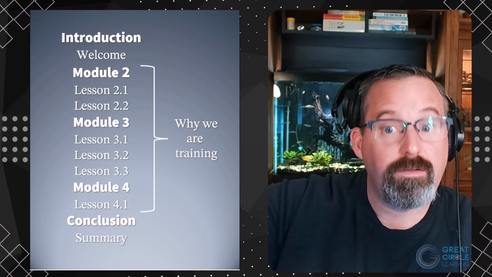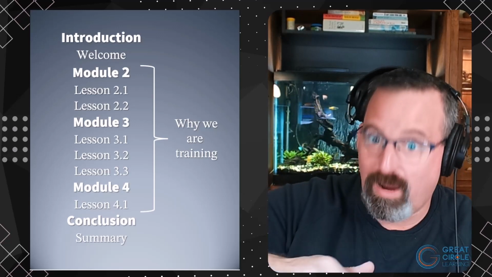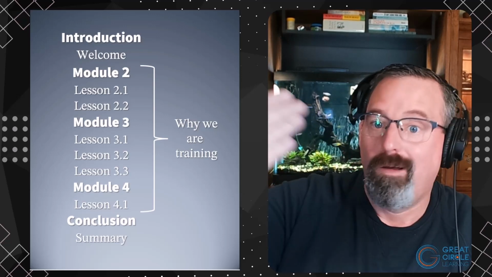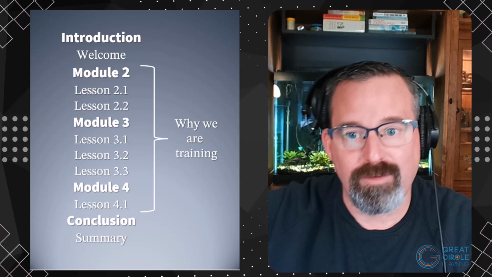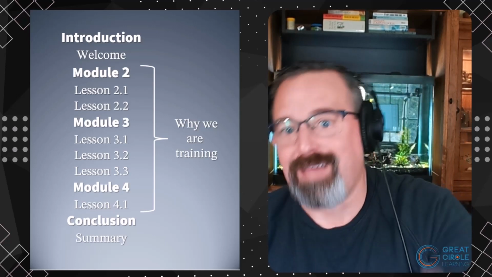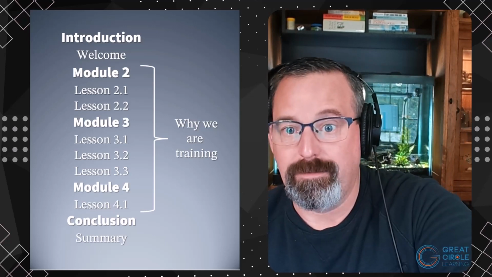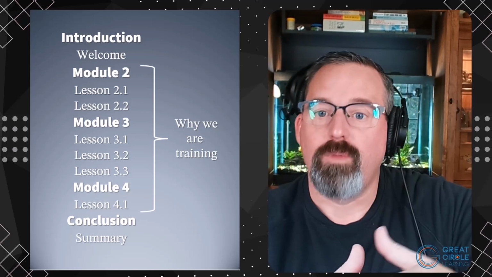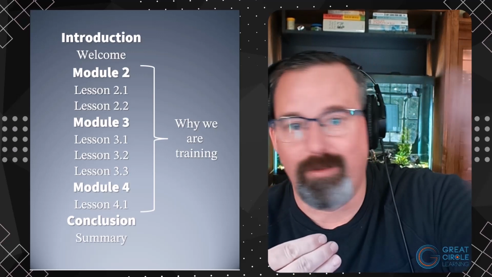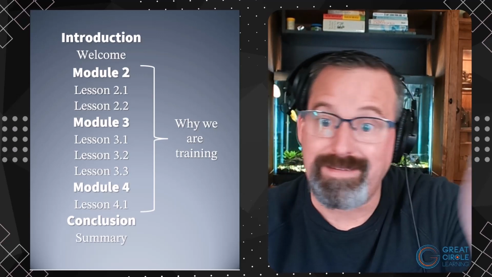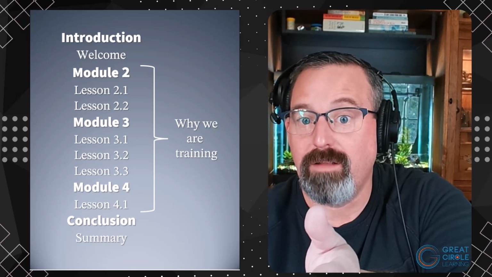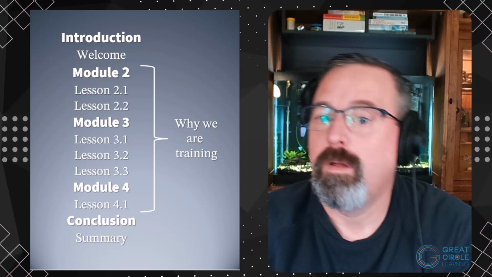The objective of that conclusion module is wrapping up the training, reinforcing what we went through, why it's important to them, next steps, those types of things, which all happen in that summary lesson, right? So if you look at it, this is truly an outline. And this actually will then tie into your table of contents within your guidebook.